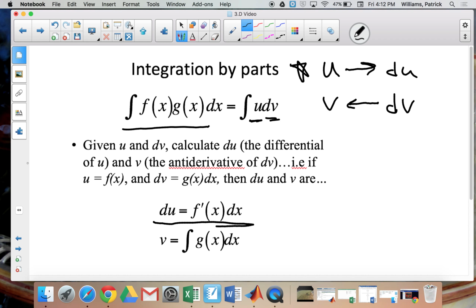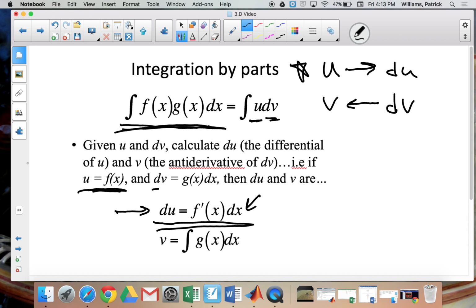So here it basically just shows you if we had this function f of x times g of x dx, we would again say that u is equal to f of x, so du would just be f prime of x dx. Remember, when you're doing differentials, you always got to add that dx or du or dt or whatever to the end of your derivative.